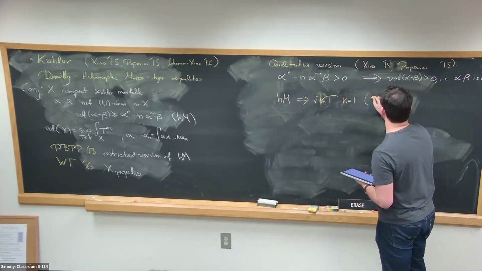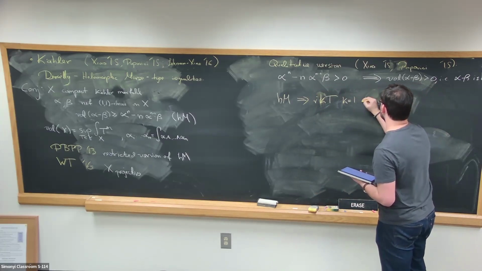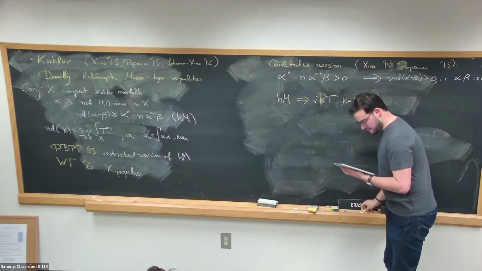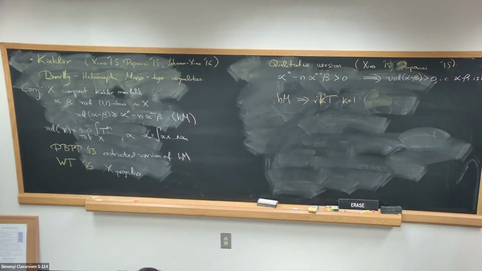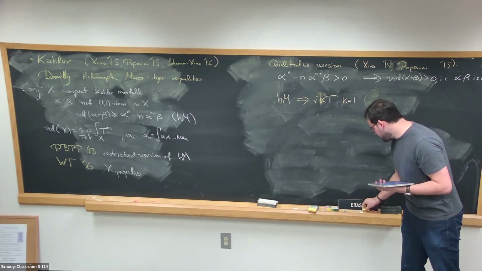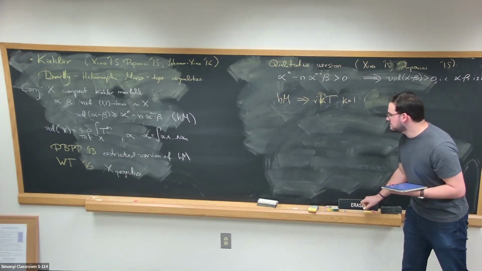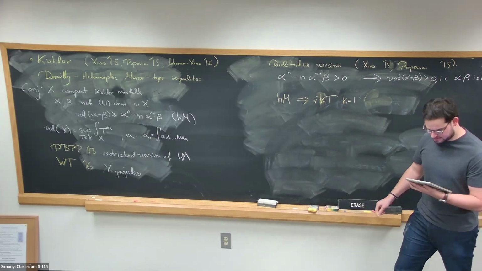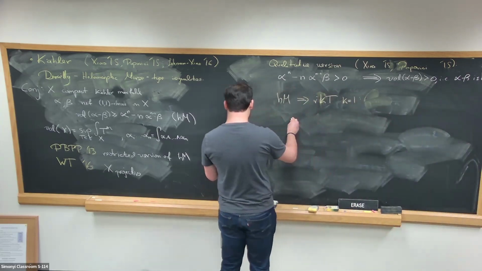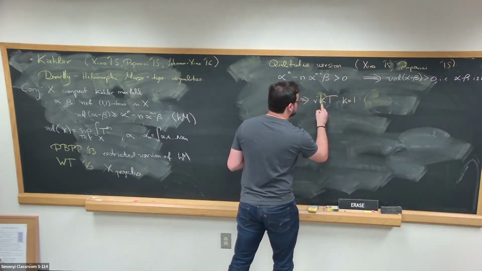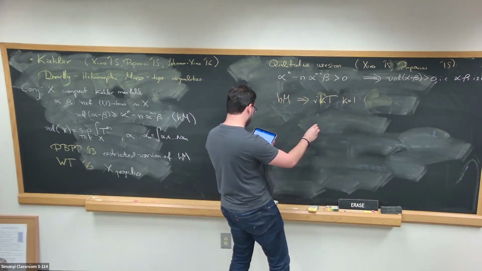This is again an observation by Xiao. But in the HM, there are 2 nef divisor classes, and with RKT, there are 3 nef divisor classes. So let me show you how this implies reverse Khovanskii-Teissier for k equals 1. What do we want to prove?